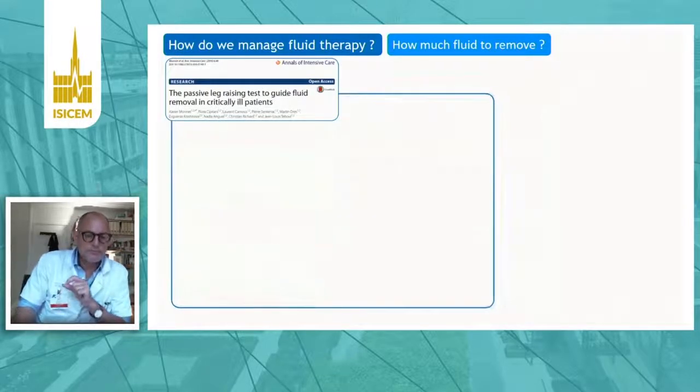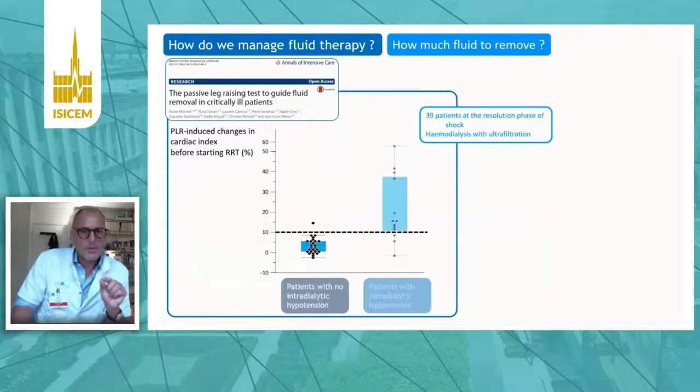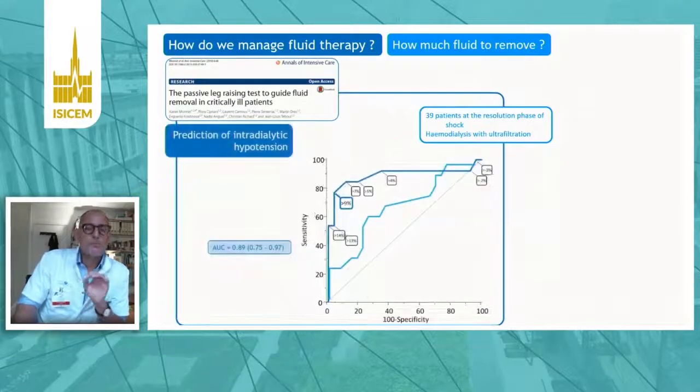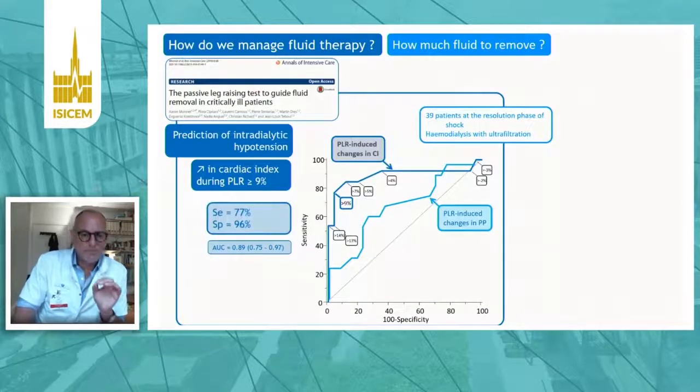And actually, look at the results. The passive leg raising test was more positive, increasing cardiac output more, in patients with intradialytic hypotension. And even more, the response of cardiac output to passive leg raising was able to predict intradialytic hypotension or the absence of intradialytic hypotension.